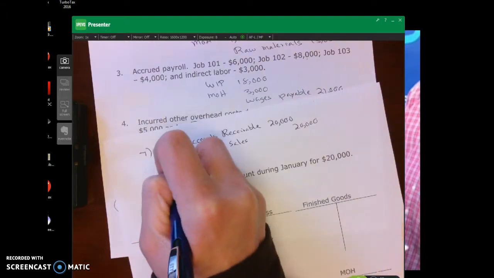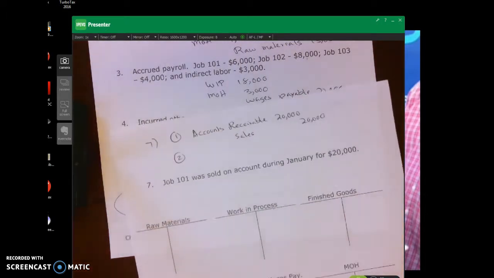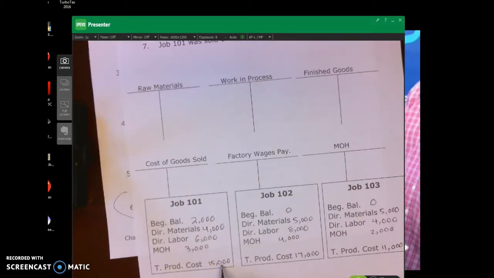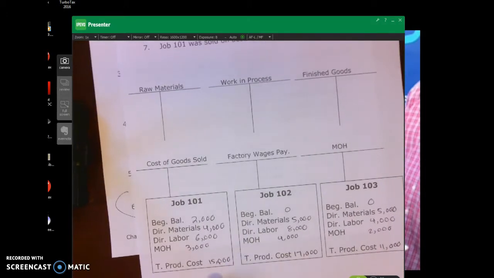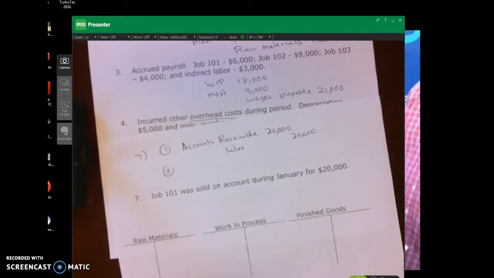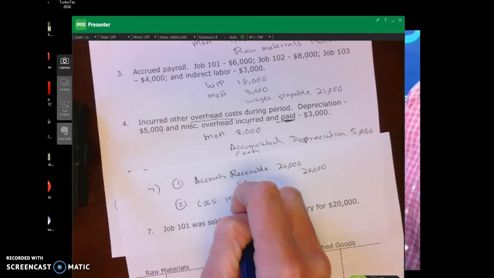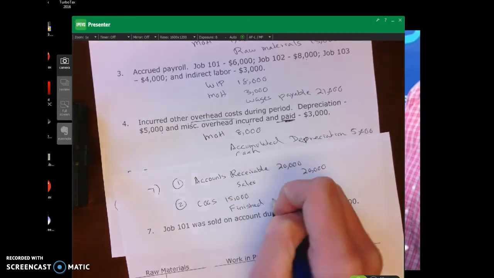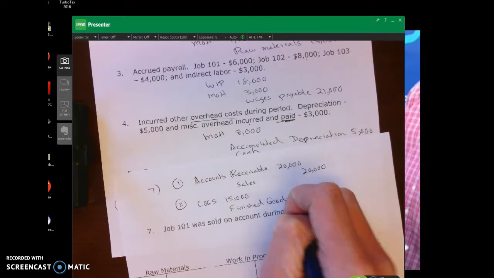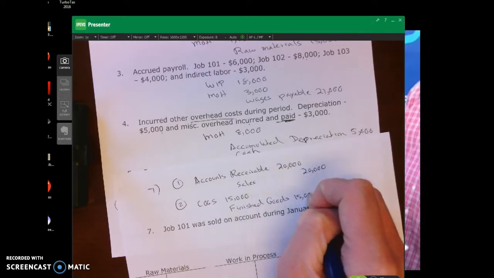That's the first journal entry. The second one is to recognize the cost of goods sold, which is $15,000. So I'm going to debit cost of goods sold $15,000, and then I will credit finished goods for $15,000.